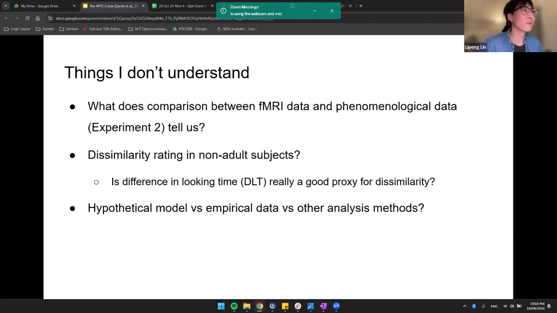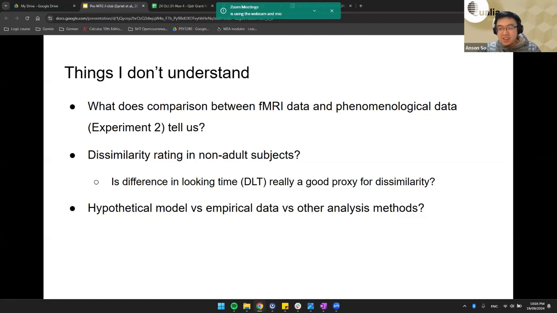I think you mentioned the problem is that there's no link between adults' dissimilarity rating or DLT, whatever adult phenomenological data, with the adult fMRI data they've just introduced. The problem is that, in my opinion, they can't draw any conclusion in experiment 2 because you don't have a positive control.